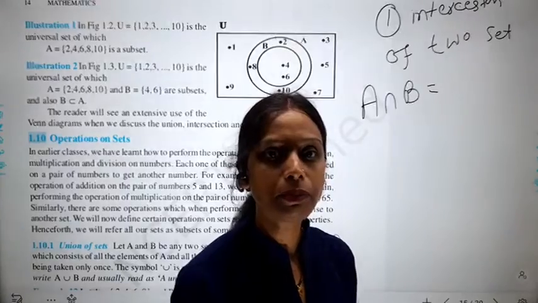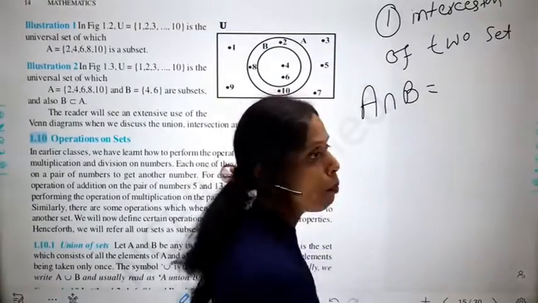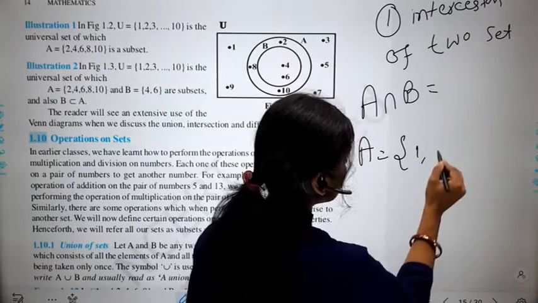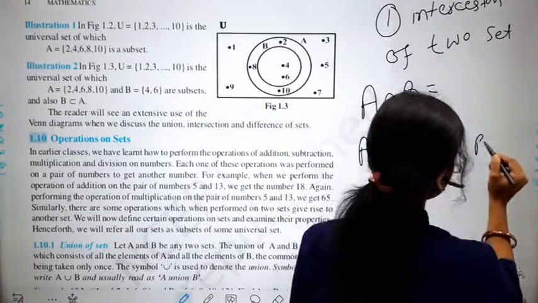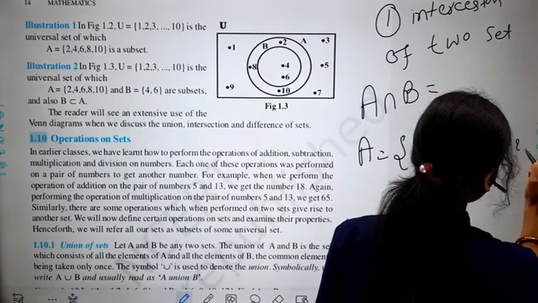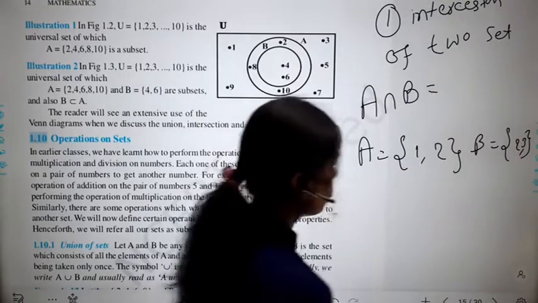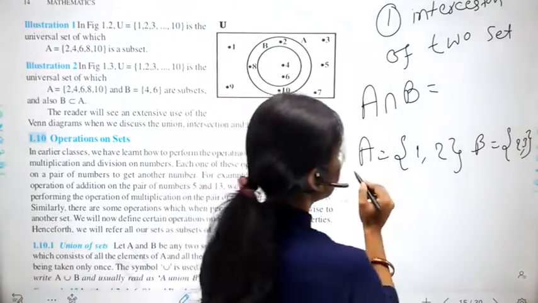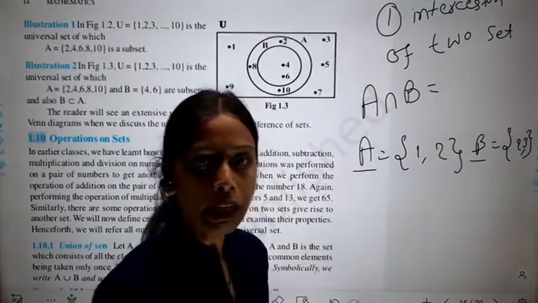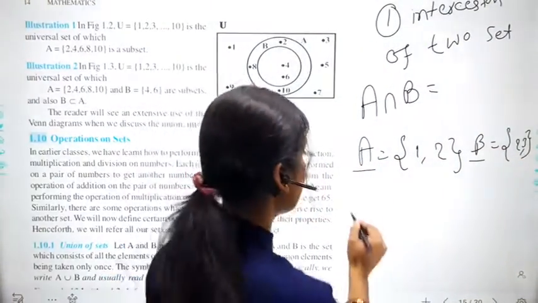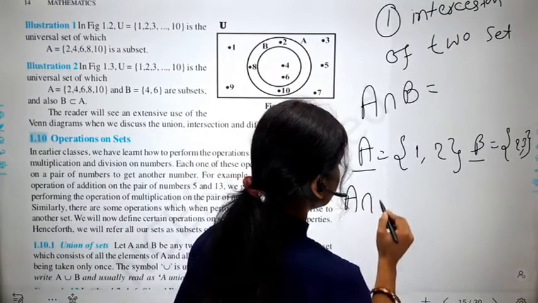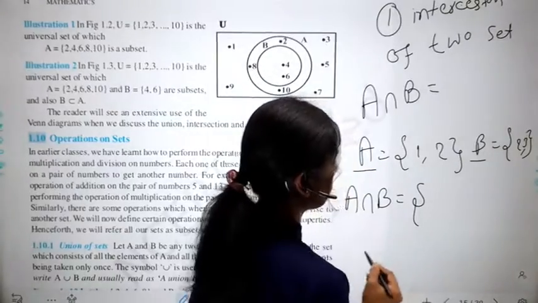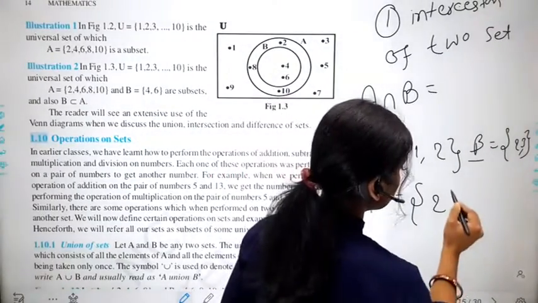Let us suppose A has the elements 1 and 2 and B has the elements 2 and 3. Then what is common between A and B will be the element of A intersection B. Then A intersection B will be {2}.